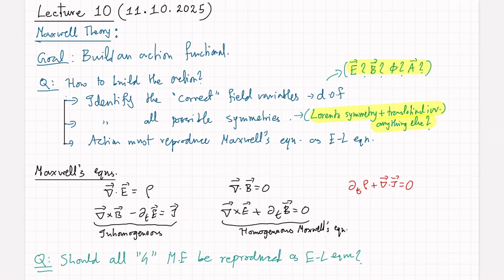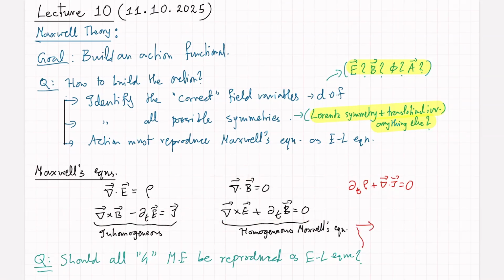So whether my theory has any free charges or currents or not, these two equations simply do not care. That gives us a hint that even in an interacting theory, these equations can already be true irrespective of what kind of charges and currents are present, or if there are any at all. So this makes the homogeneous Maxwell's equations a little bit different.